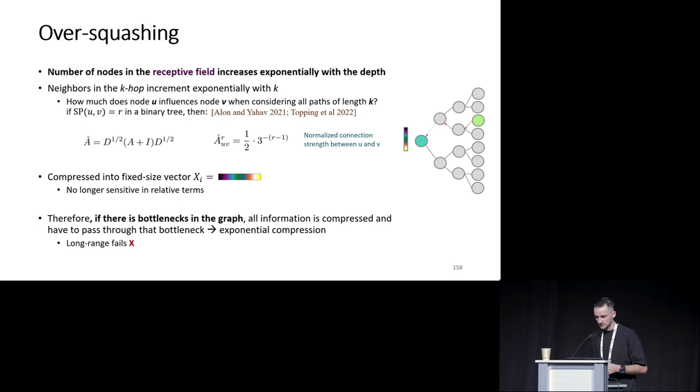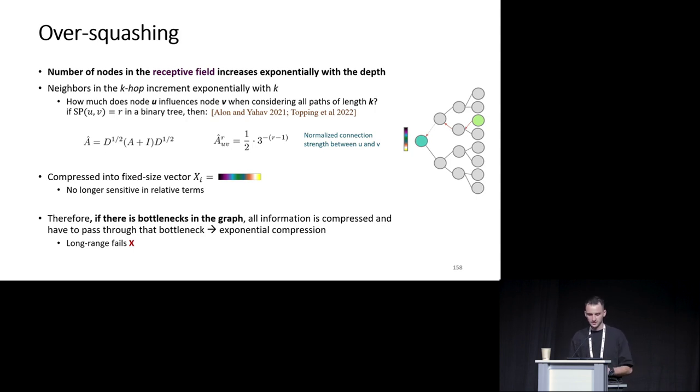This can be formalized as: stacking a lot of MPNN layers exponentially increases the receptive field of the nodes. If you imagine a binary tree as a graph, as you increase the depth, then the normalized connection strength between u and v is going to be given by this value, which is lower and lower as the depth of the tree increases.